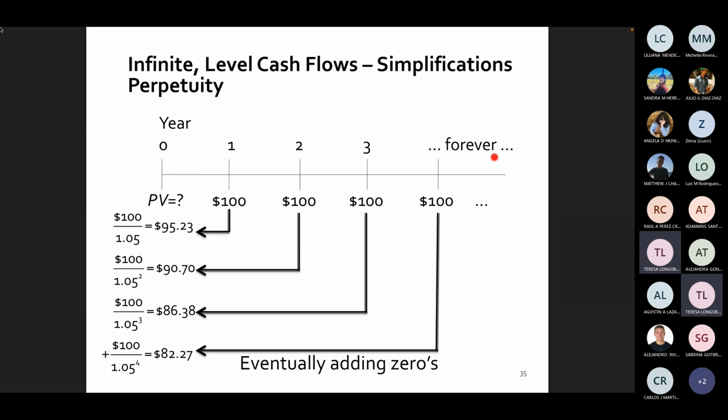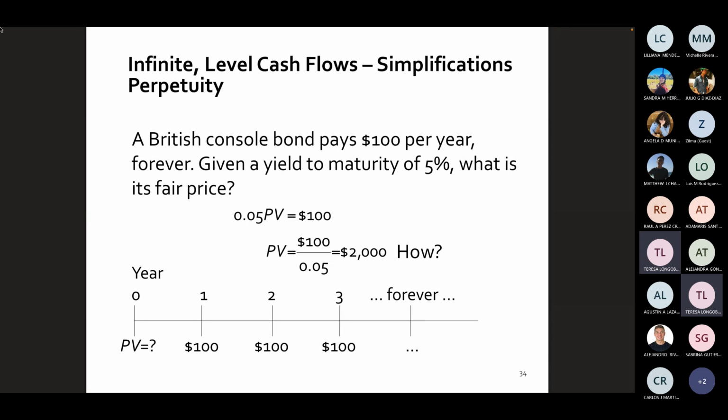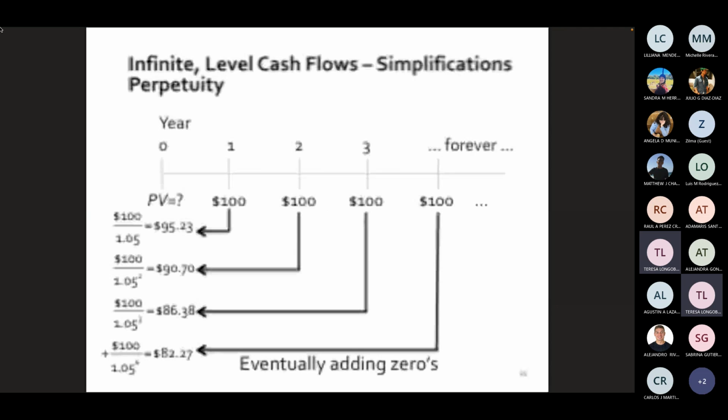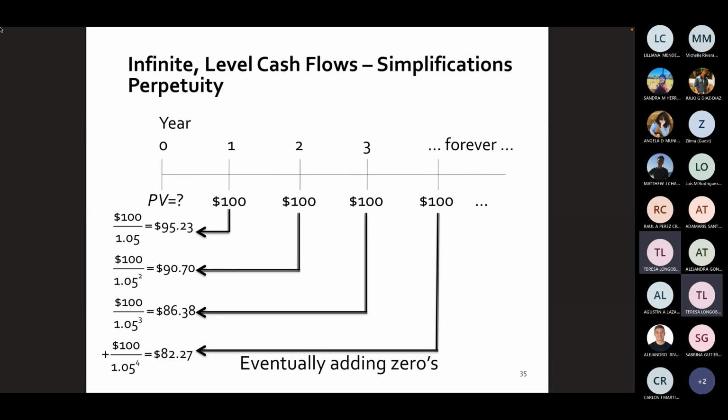So this idea of forever needs to be taken seriously. So at some point, because this is going down, you're just adding zeros. And you're going to be adding zeros after a point where it's already become $2,000. So everybody follow this chart. So this is called a perpetuity.